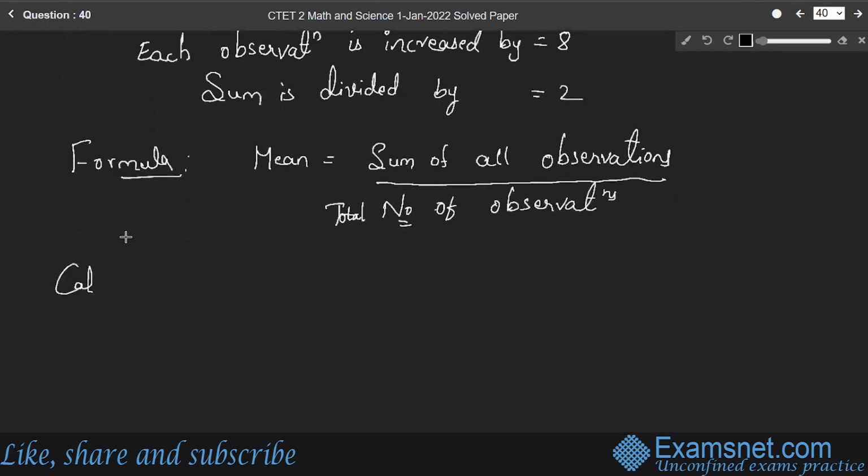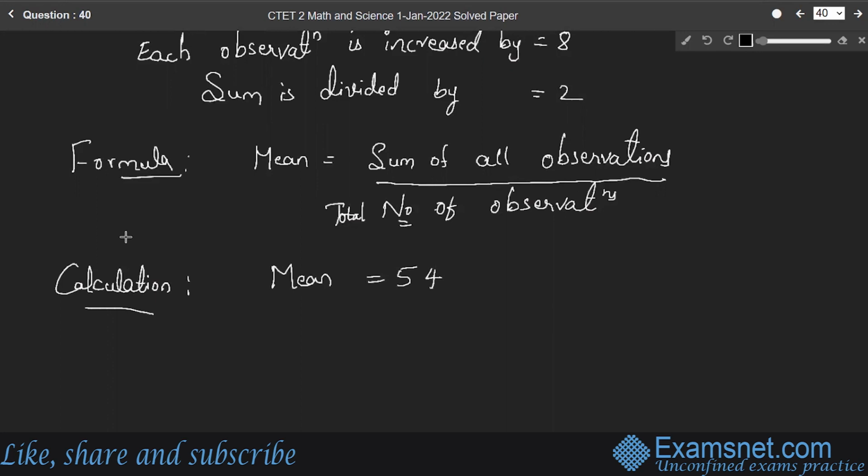Calculation part. So in the given problem, mean of some observation is 54. Mean is equal to 54.